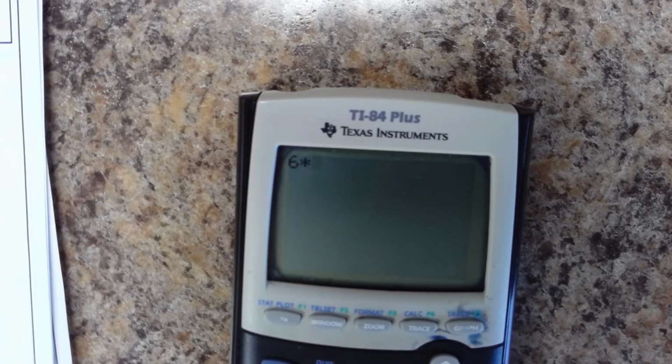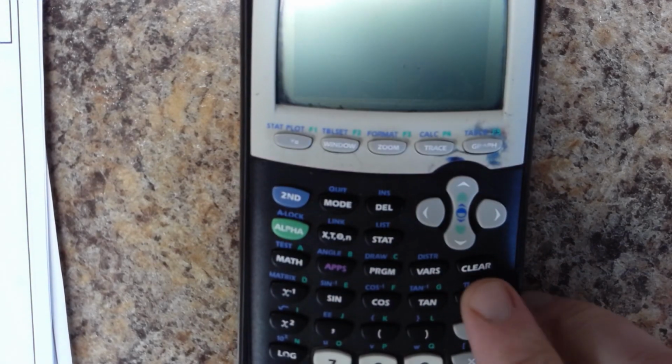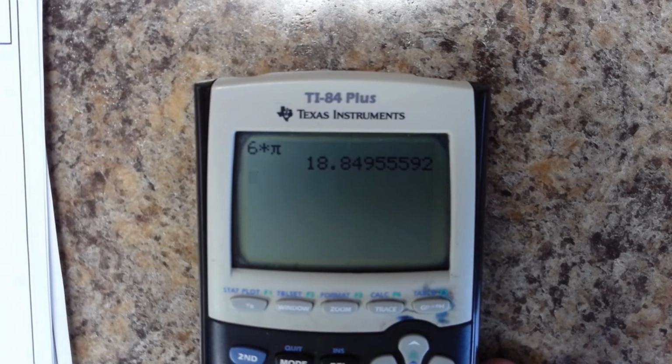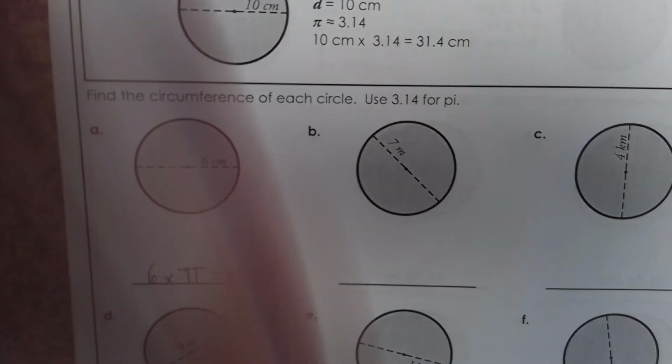6 times, then you hit the blue second key on top here, second, and the pi symbol is over here, right under the clear button. 6 times pi, 18.849, rounded to 18.85. Circumference of any circle, diameter times pi.